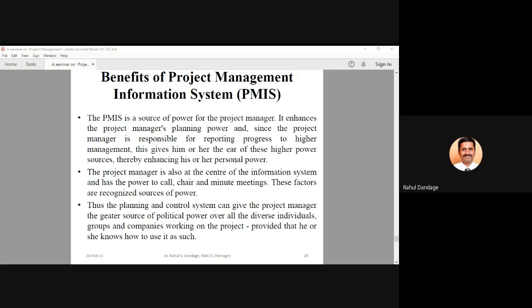If he is not well versed with the capabilities of the software, capabilities of the project management information system in hand, then even though he is at the center, he will not be able to control the things. So for that purpose, the project manager must be expert in handling and utilizing all the facilities provided by project management information system.